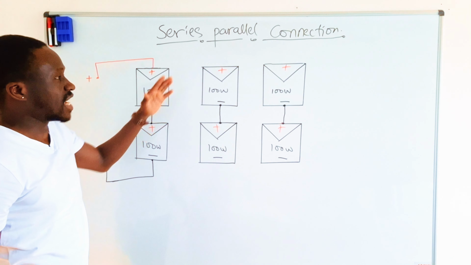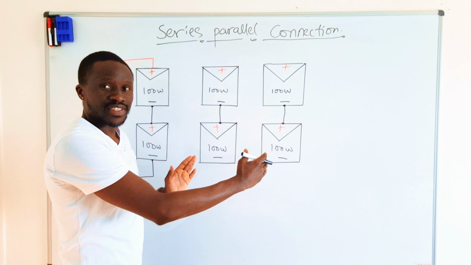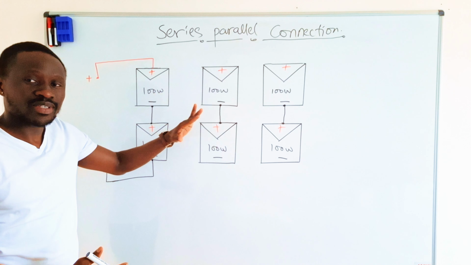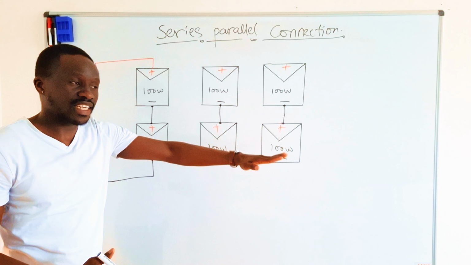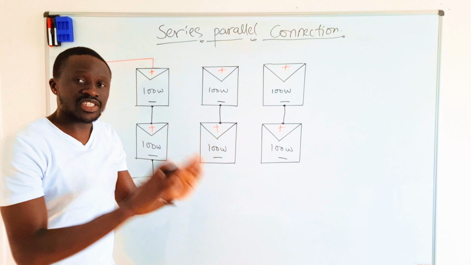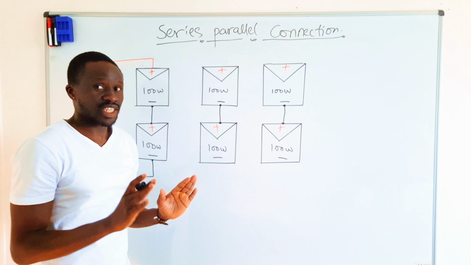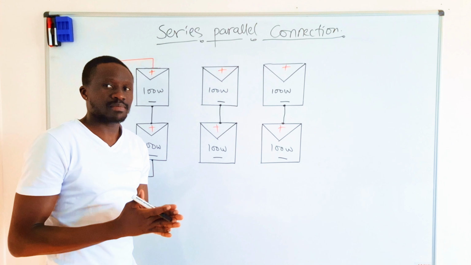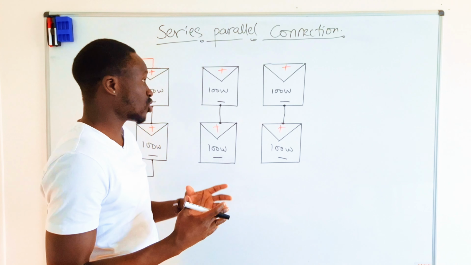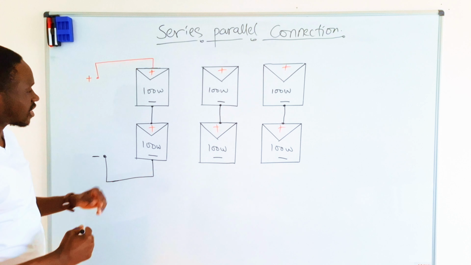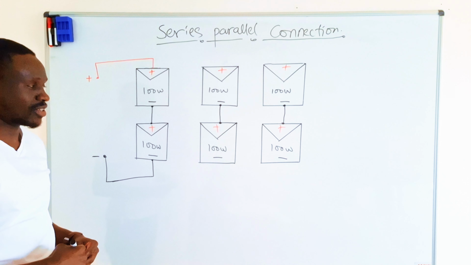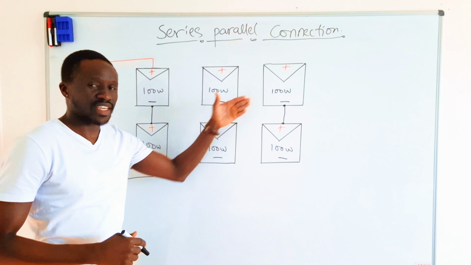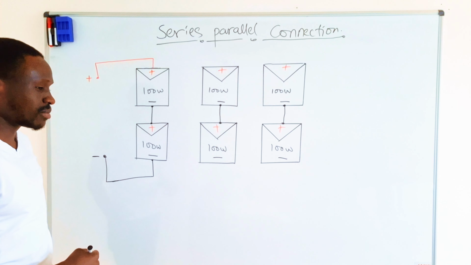Yet when we connect them in parallel, even if any panel is shaded, the system will not be affected. That's why parallel connection is a good way to connect your solar panels. Since we have finished joining them in series, let us join them in parallel.